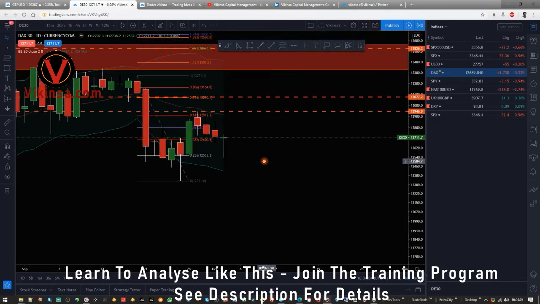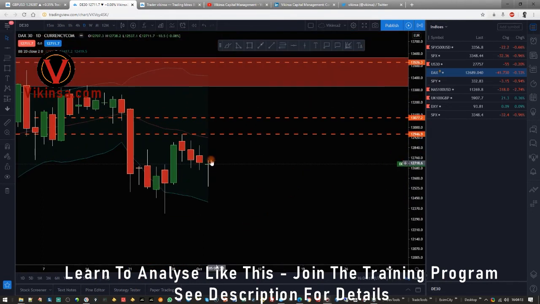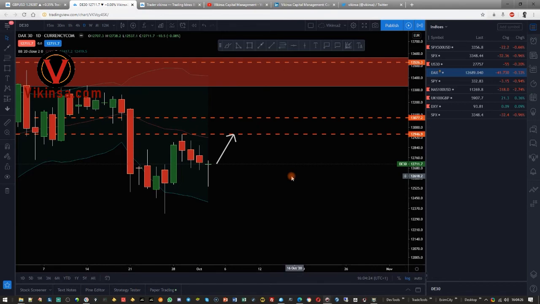So this is how I'm going to play this if I'm going to trade DAX. If I get a good opportunity here, if I get at least 1 out of 5 confirmations, then I look for a long opportunity from here into this level. Then I'll take my positions off, then I'll wait for the market to show me further confirmation to go long, and that will be the next one.